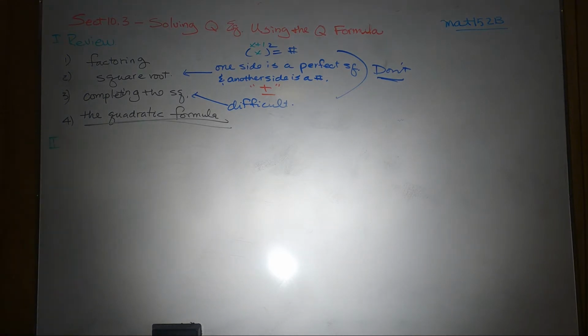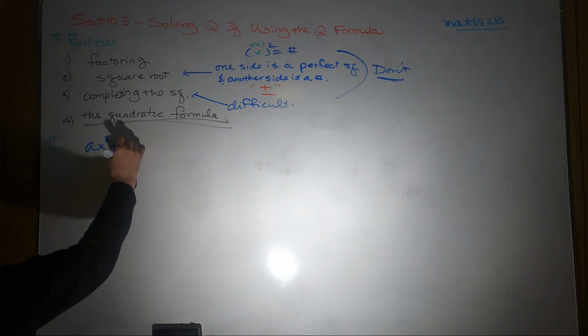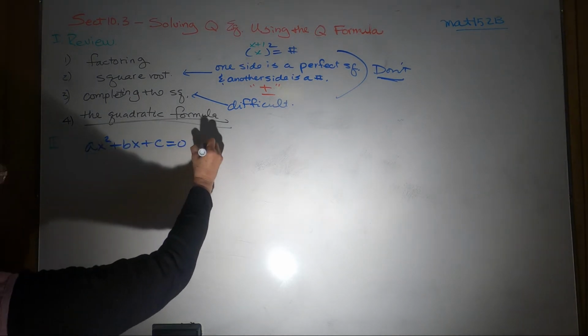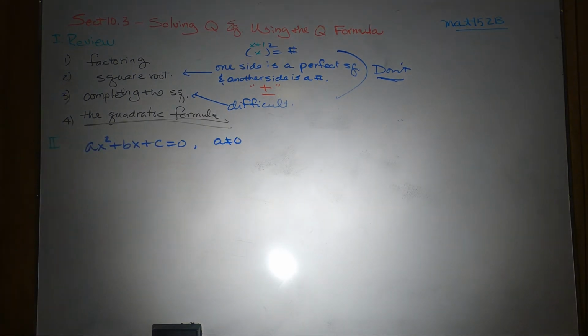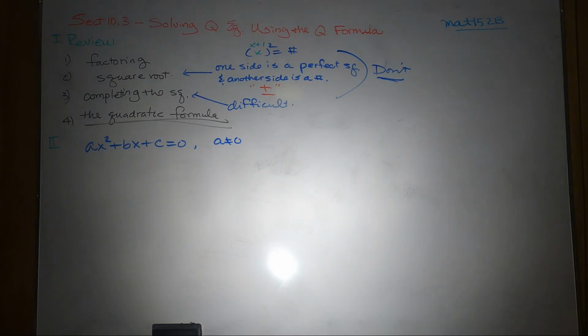It means a second degree polynomial equal to 0. The standard form of the quadratic equation is ax squared plus bx plus c equals 0. a, b, c are real numbers, but a cannot be 0 because you need to have a second degree. b and c can be 0.